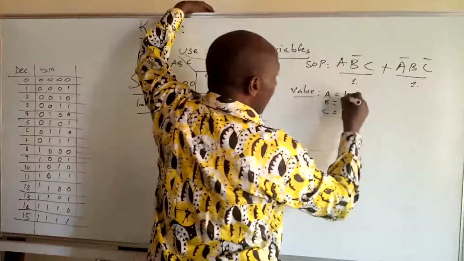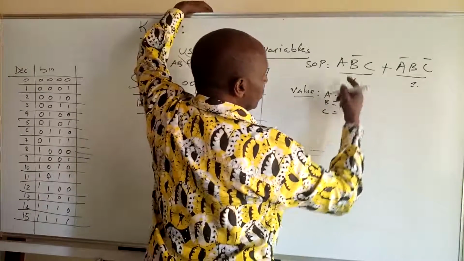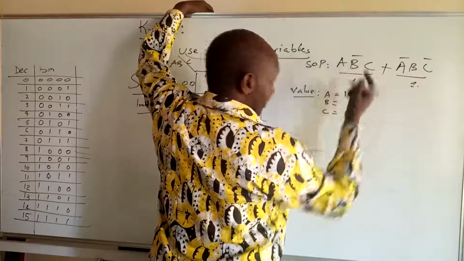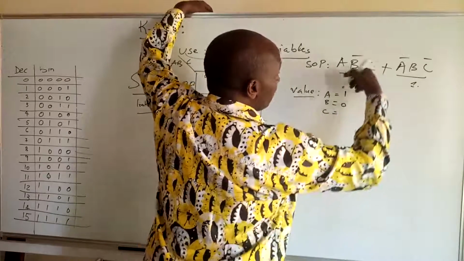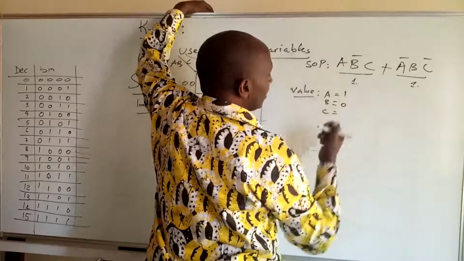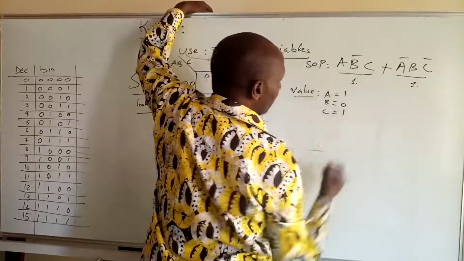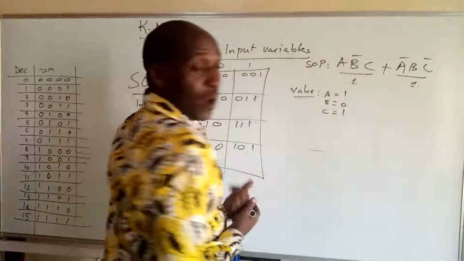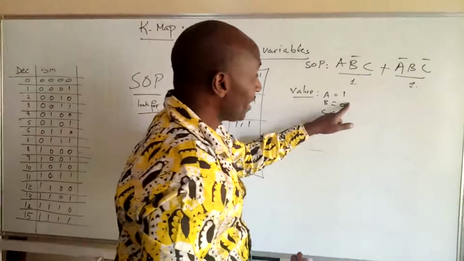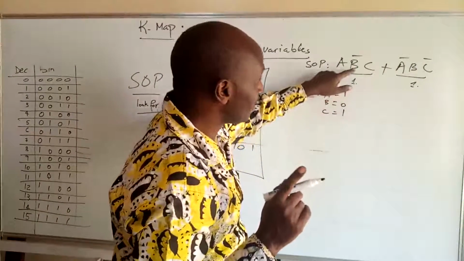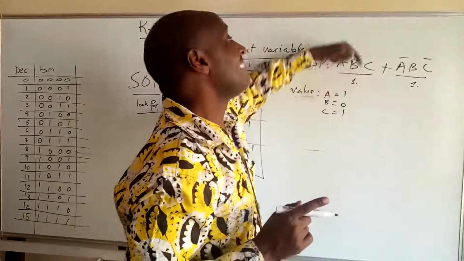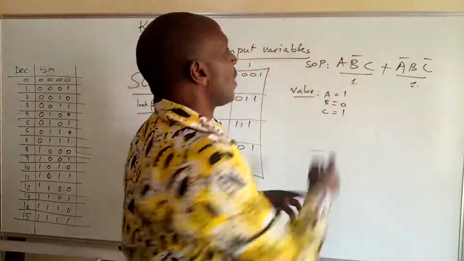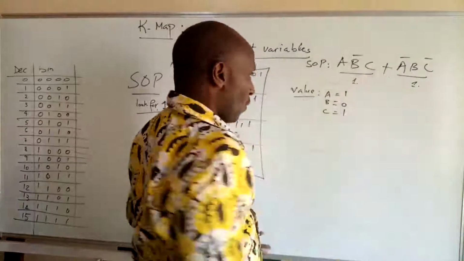So we will have 1, and then 0, because 0 will be inverted to be 1, and C will be 1. So if you have these values, this term can be 1, because this 0 is B inverted. When you invert 0, you will have 1. So 1 times 1 times 1 times 1, 1.